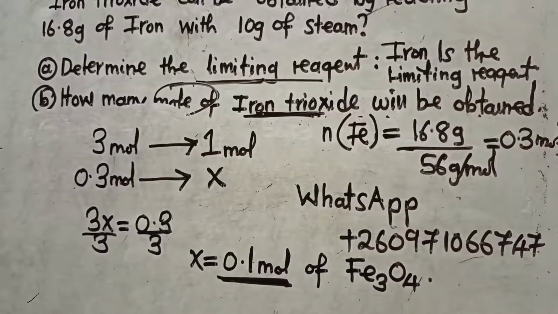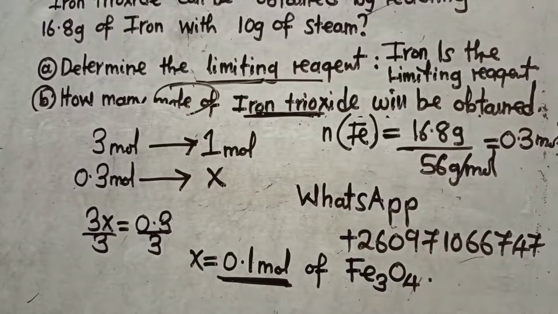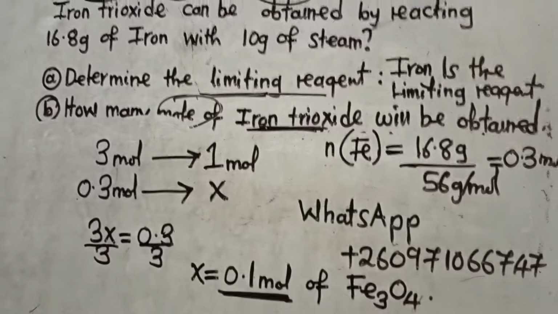Hope you've seen how I've answered this. This is a bit tricky and you need to understand it. If you want to determine the limiting reagent, use the numbers I used to balance. But if you want to calculate the number of moles, you forget them. If I say we calculate the number of moles for iron, we forget about that 3 that is there.